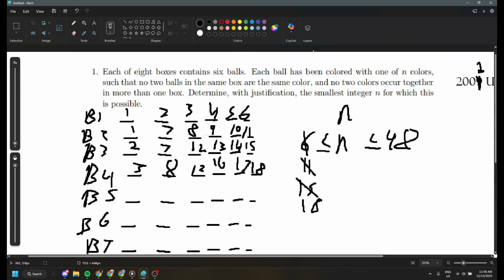Okay, continuing on with this pattern, 4 is a new number. 4 can go with any of these, so we're going to choose 9. 9 can go with any of these, so we're going to choose 13. 13 can go with any of these, we're going to choose 16. 16 can't go, and none of the other ones can go.